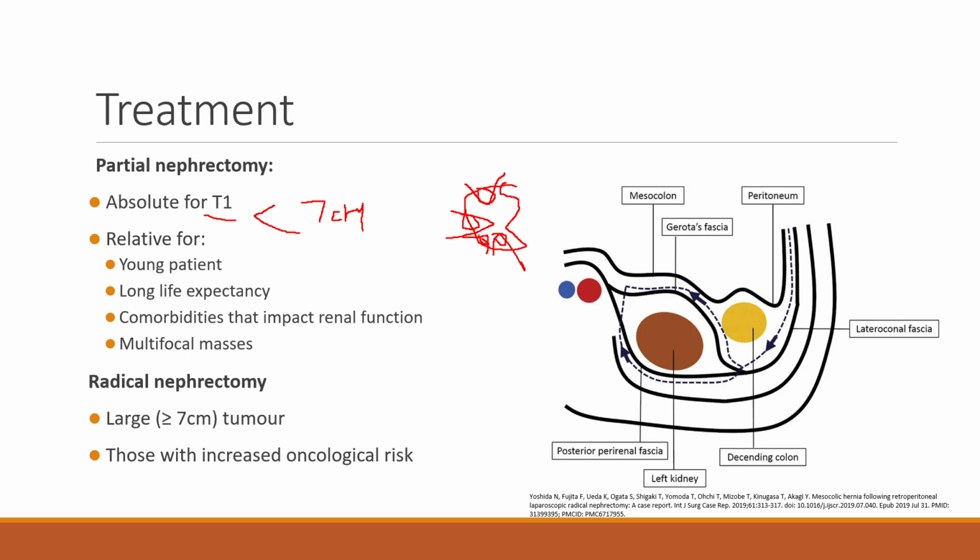So anyway, the radical nephrectomy, as its name says, removes the entire kidney and the surrounding Gerota's fascia, which is surrounding the kidney here, and this fascia also covers the adrenal gland. So we also remove the fascia that's surrounding the adrenal gland, and we also remove the renal lymph nodes.